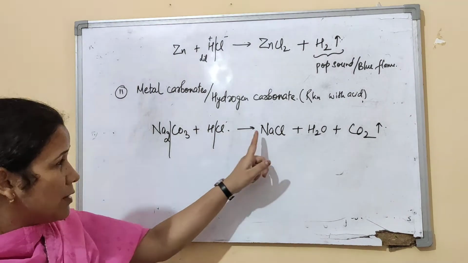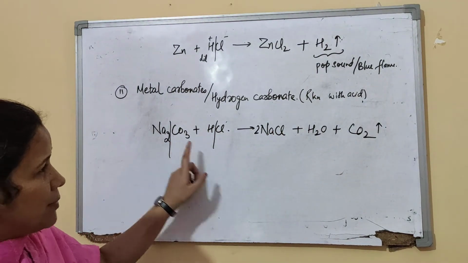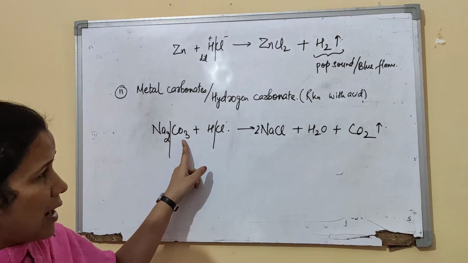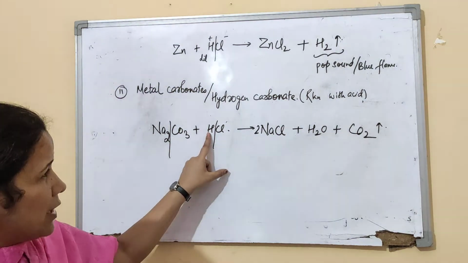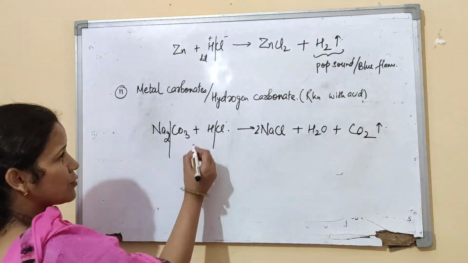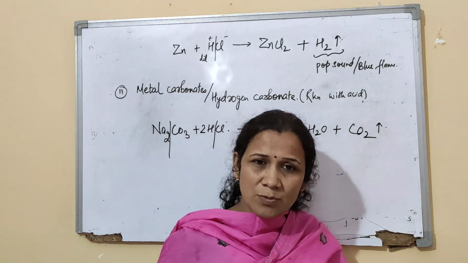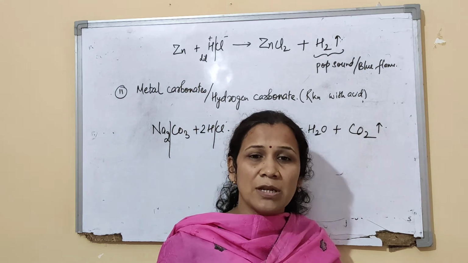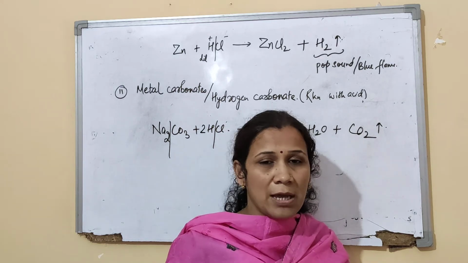It is 2 sodium here, 1 sodium there, so we will write 2 here. 1 carbon, 1 carbon. Oxygen is 3 here, and here oxygen is 2 plus 1, 3. But hydrogen is 2 and chlorine also 2, so we will write 2 here. Is it alright? So any carbonate salt when treated with acid will give you water and carbon dioxide.